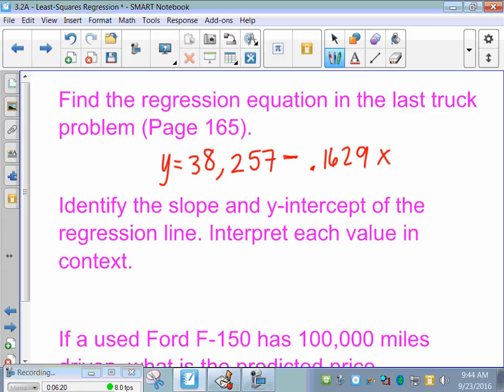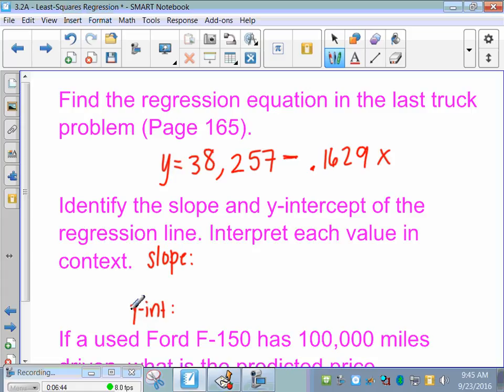So identify the slope and y-intercept of the regression line. Interpret each value in context. You should definitely write this down. Okay, this is important. So we want to identify the slope and the y-intercept and write a sentence for what it means in the context of the problem. How many of you guys remember doing this in Algebra 2? Good.